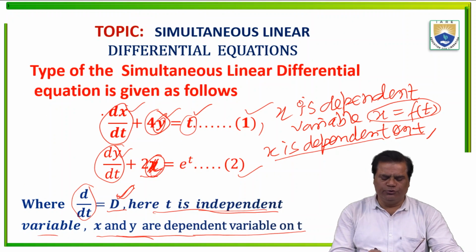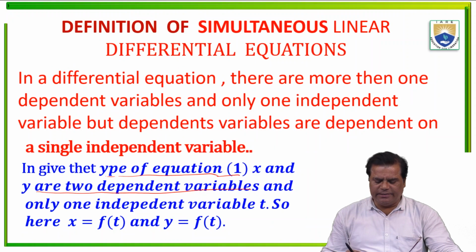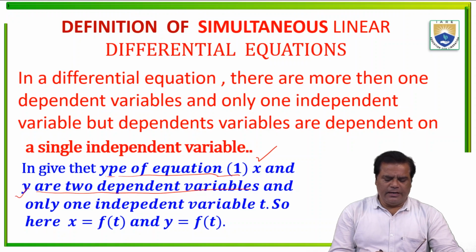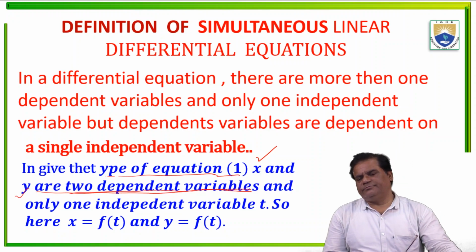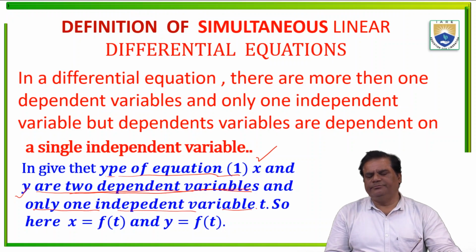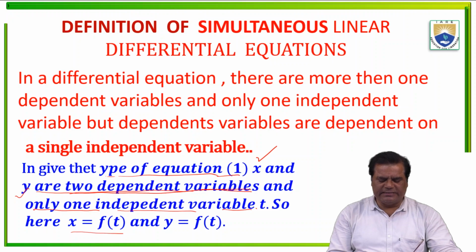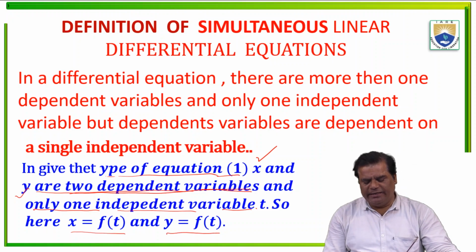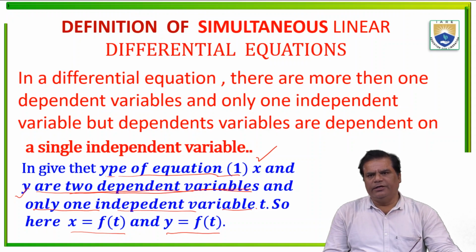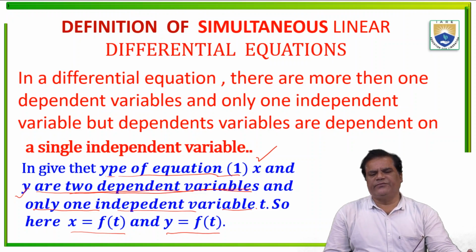In these two equations 1 and 2, x and y are two dependent variables and only one independent variable t. So here x is some function of t and y is also some function of t. And the given equations 1 and 2 are known as simultaneous linear differential equations.